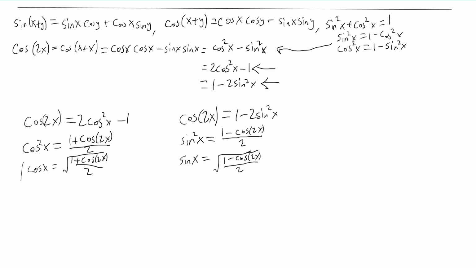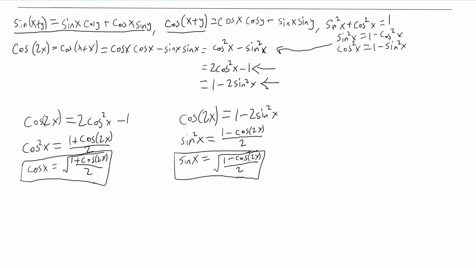So these two formulas are important as well. So these two, and then these three up above, are extremely important formulas. So it's useful to memorize them if you're going to be using trig more than a couple of times.